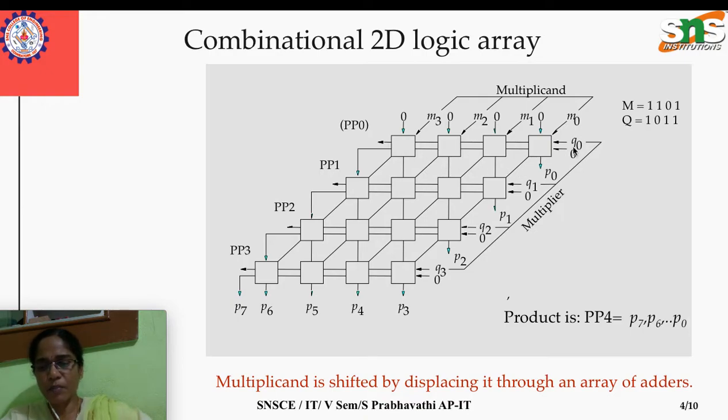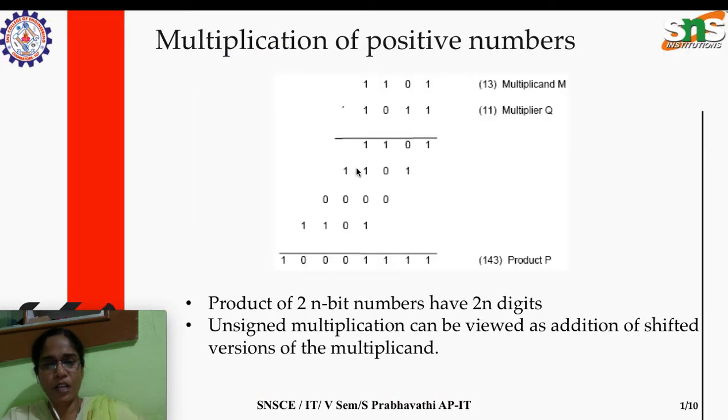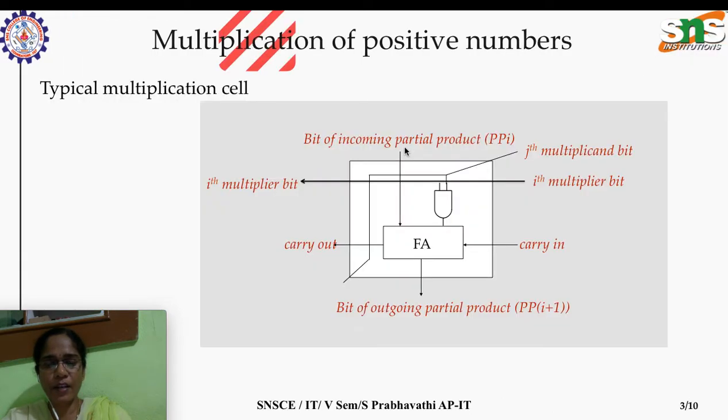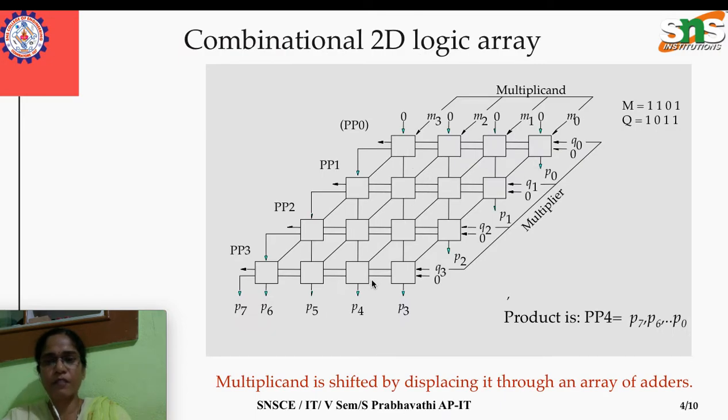This is nothing but what we have seen in this calculation. This calculation takes 16 full adders, since 16 bits are there. So to implement this we have 16 full adders. Here initially 0 indicates the carry, and Q0 indicates the multiplier. At each and every stage we are shifting the full adder and passing the next bit of the multiplier.